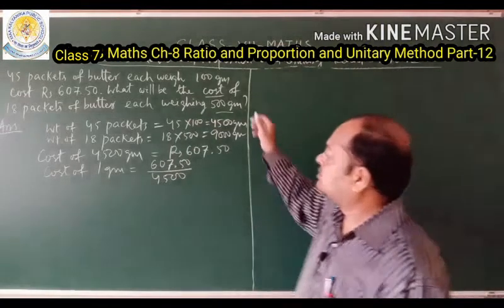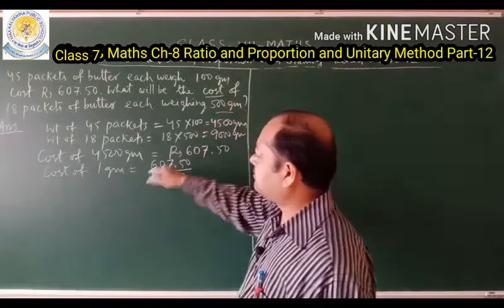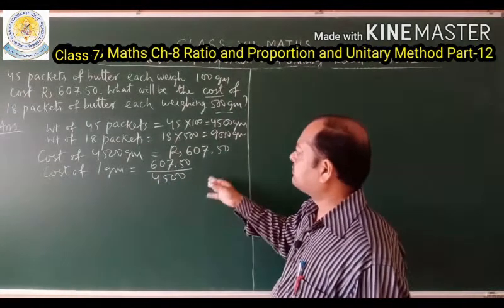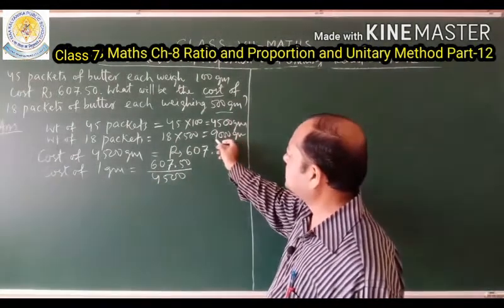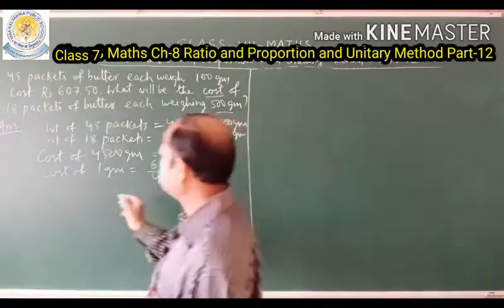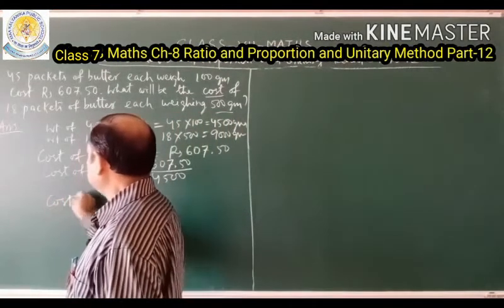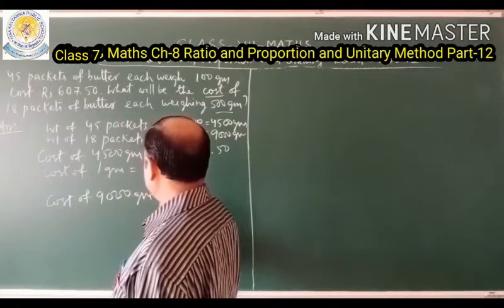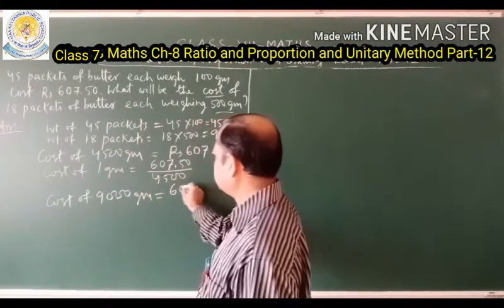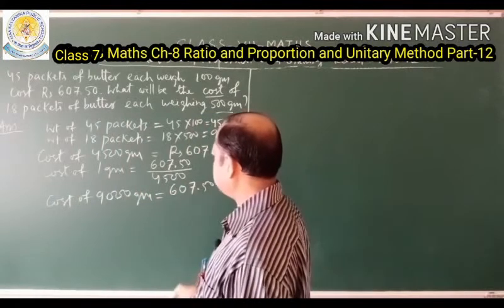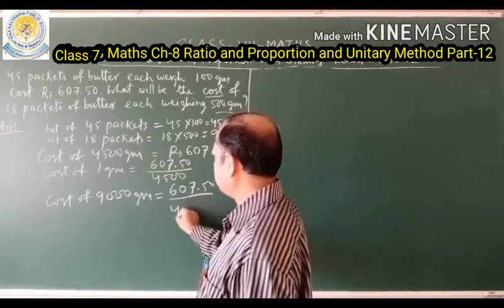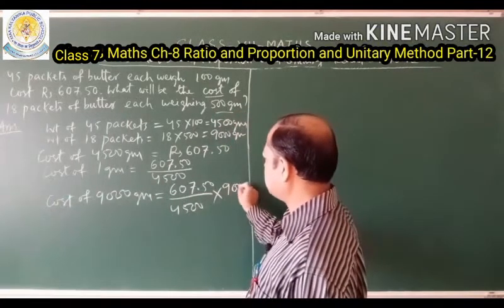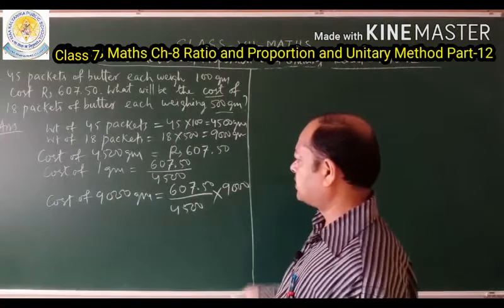If we find out the cost of 1 gram, then easily we can find out the cost of 9,000 gram. So cost of 9,000 gram equal to 607 rupees 50 paise divided by 4,500 into 9,000. Okay, and the required quantity is this much.